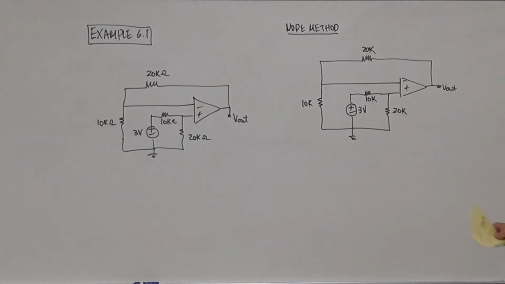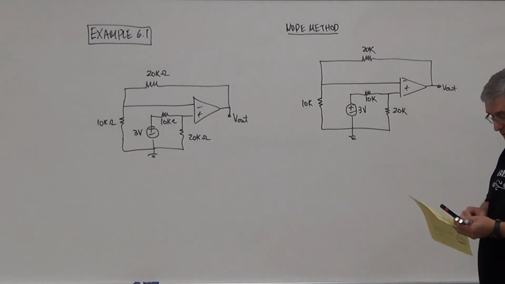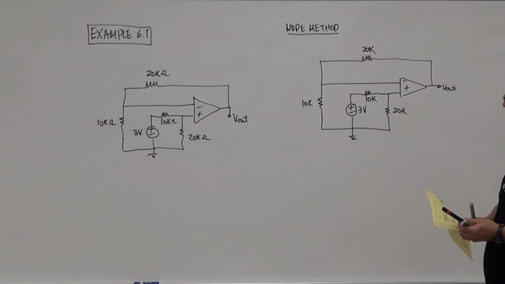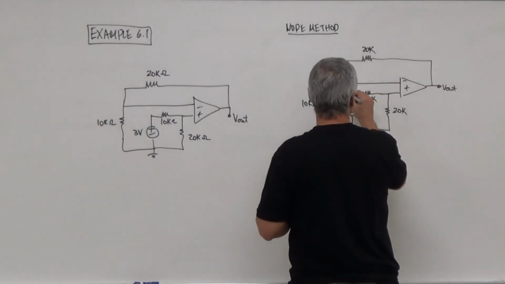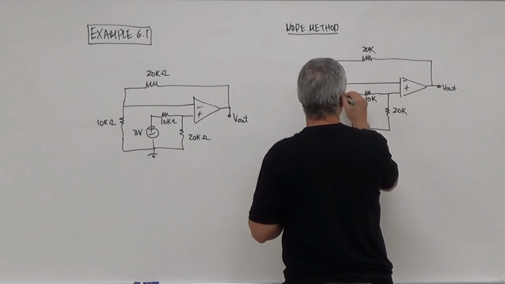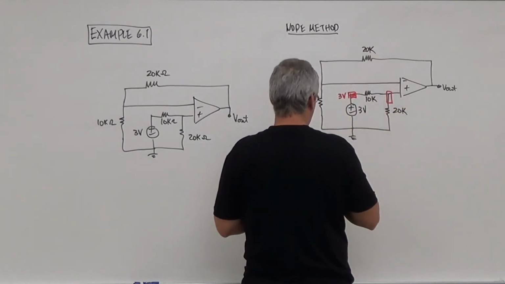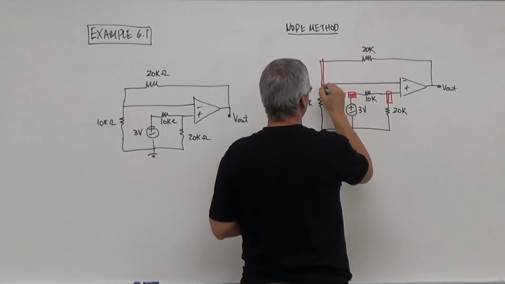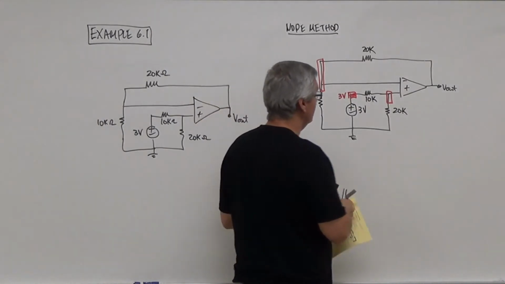So here we go. Let's look at this circuit. Clearly there's a ground here. When I look at these node voltages, you can see that this node right here is clearly 3 volts. I know that this node must be the same as that, but we won't talk about that until afterwards.